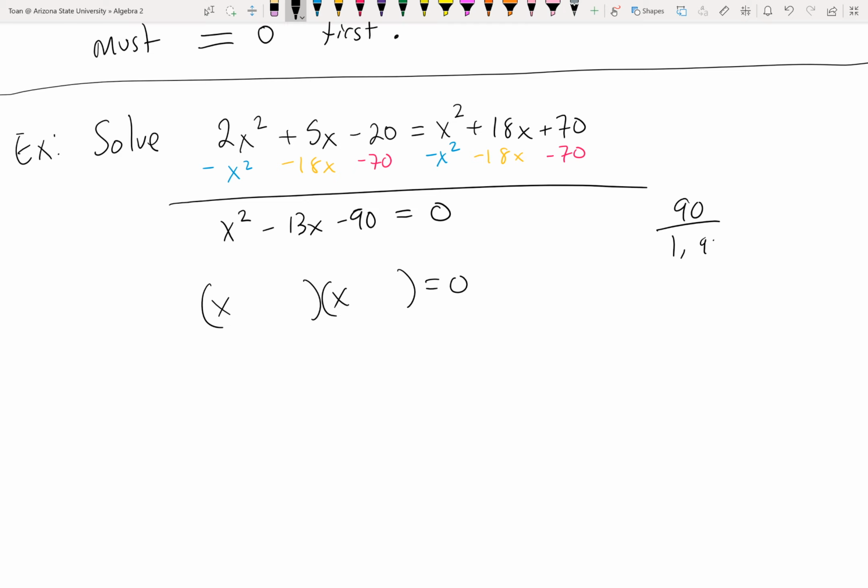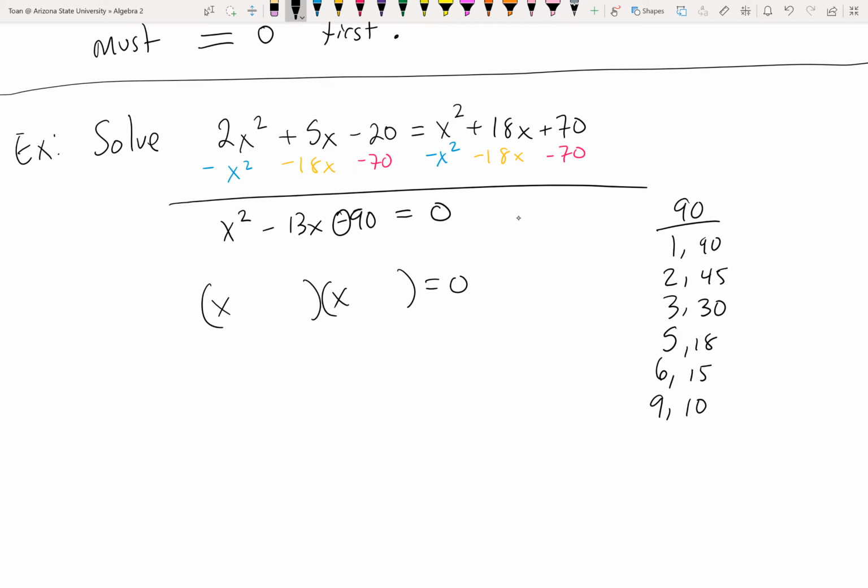So 1 and 90. I'm going to make this list quickly because hopefully by now you have some good understanding about it. 2 and 45, 3 and 30, 4 doesn't work, 5 and 18, 6 and 15, 7 doesn't, 8 doesn't, 9 and 10, and then the very next number would be 10, but I already have them here.